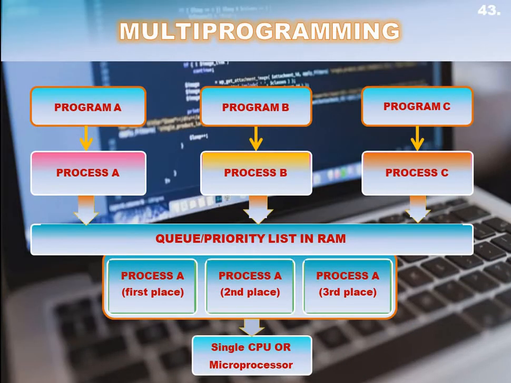For example, when a user loads program 1, say MS Word, and program 2, say MS Excel, the CPU is able to execute only one program between MS Word or MS Excel.